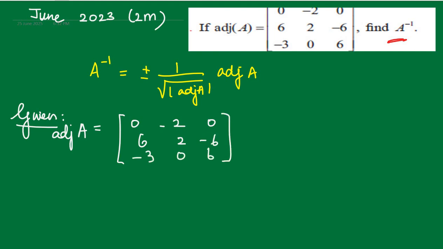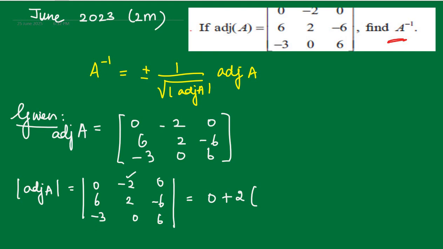Now we find what is the determinant of A. Determinant of A will be equal to determinant of 0 minus 2 0 6 2 minus 6 minus 3 0 6. Expand into the minor of it. 6 into 6 gives us 36, 6 into 6 is 36 minus 18 plus 0, which is equal to 2 into 36 minus 18 gives us 18. So that is equal to 36.